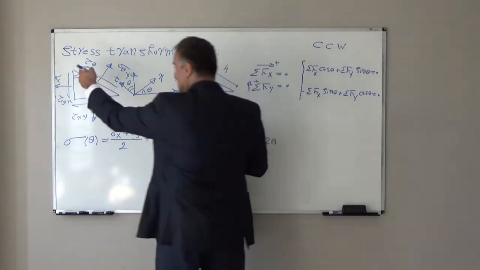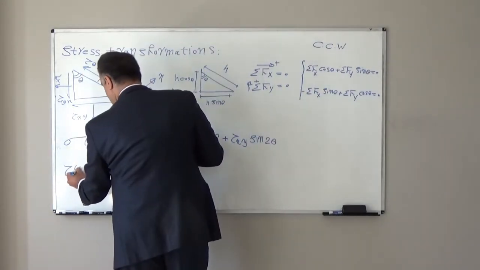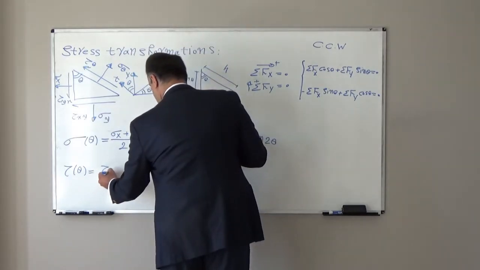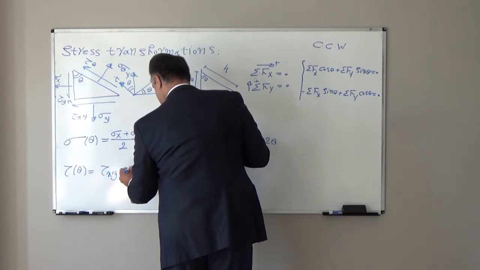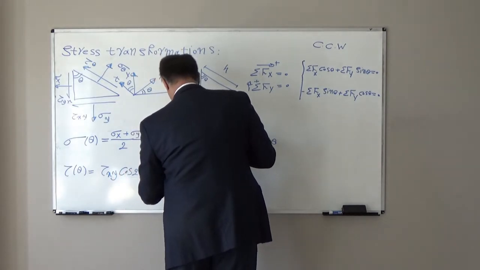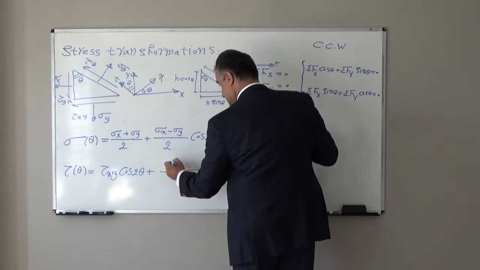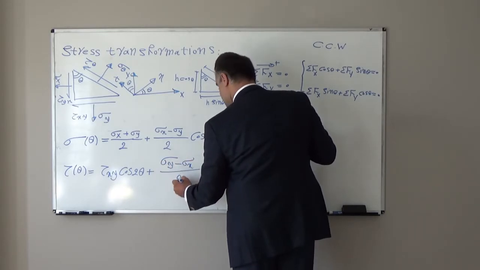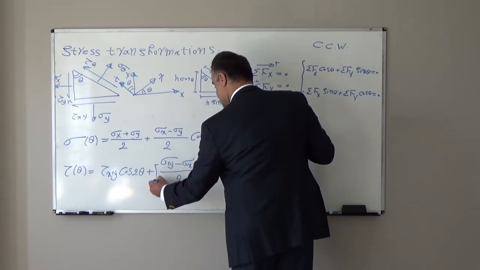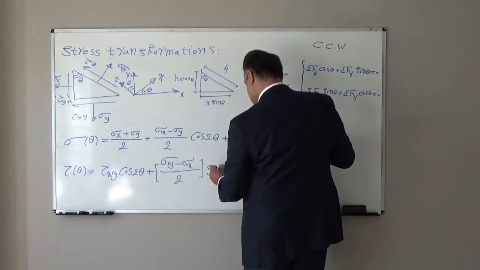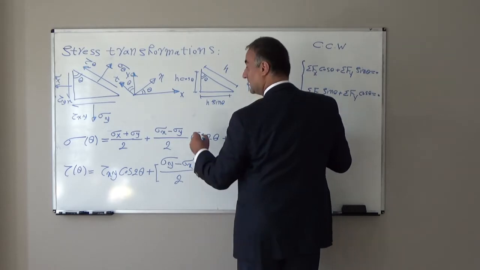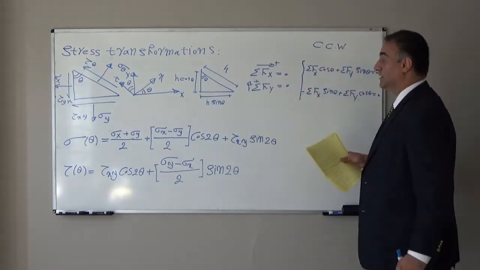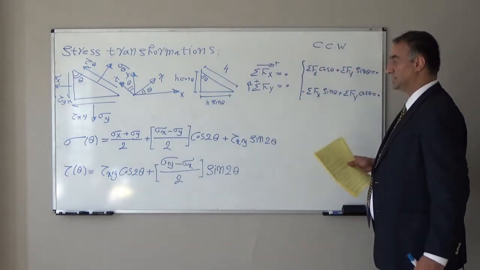And the shear stress in this inclined plane, tau theta, will be equal to tau xy cosine 2 theta plus sigma y minus sigma x over 2 times sine 2 theta.